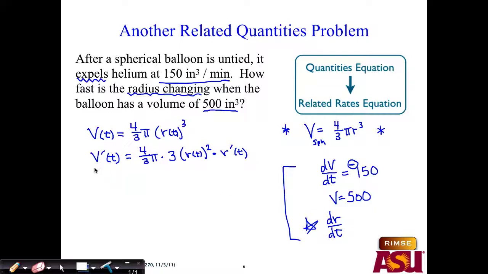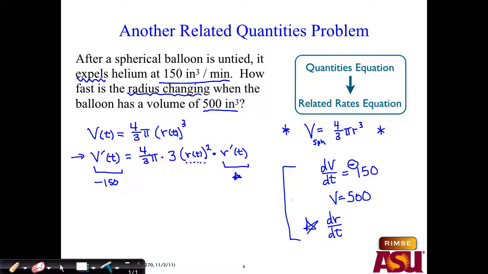So again, this new relationship relates three quantities: the rate of change of the volume with respect to time, the rate of change of the radius with respect to time, which is what we're supposed to be finding. This one we know. And one other part here, the radius at the same point in time. Notice that we don't have the radius given.